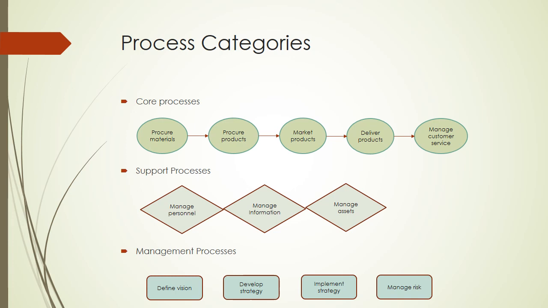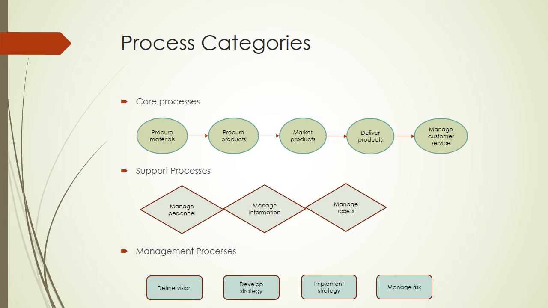The second is the support processes, which enable the execution of these core processes. These include managing the personnel, managing the information in the organization, managing the assets, and the financial management of the company.